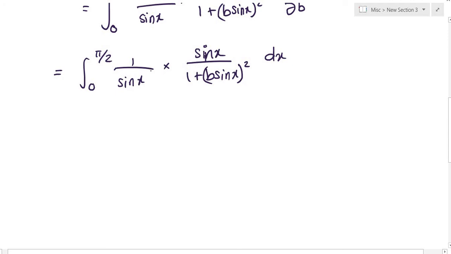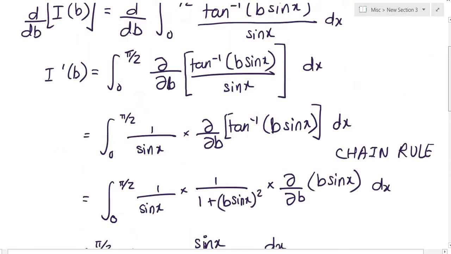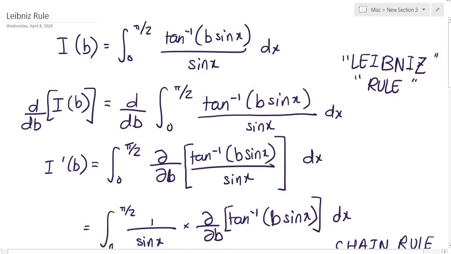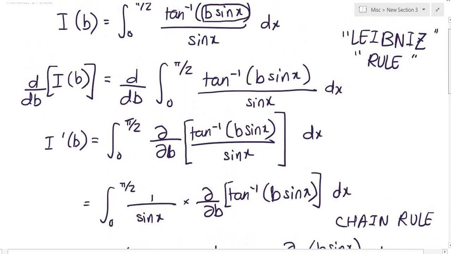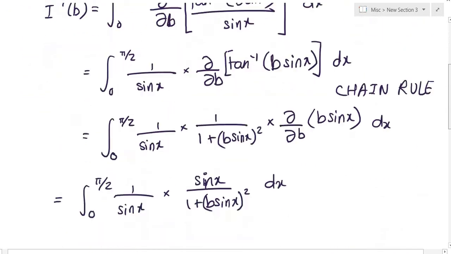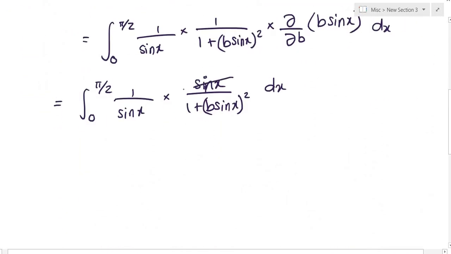So look at what I was saying at the start of the video. I said let's introduce the parameter b inside the argument of the inverse tangent, like this, because then when we differentiated under the integral sign, we would cancel the sines out like this. So in one way we got rid of our denominator.